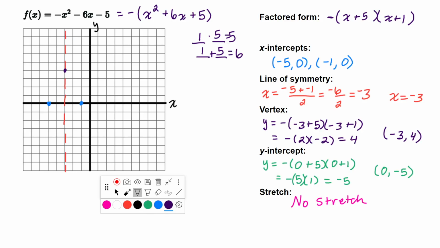And the y-intercept is at 0, -5. And we can plot its reflection on the other side of our line of symmetry. And then we can go ahead and graph our parabola. And notice that this parabola is open down, which is what we would want since we have that negative in front.